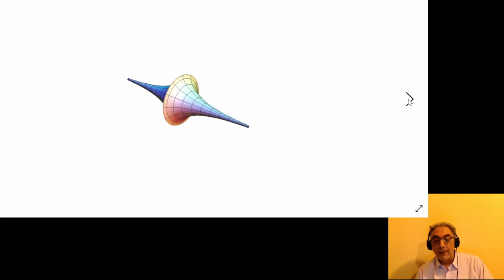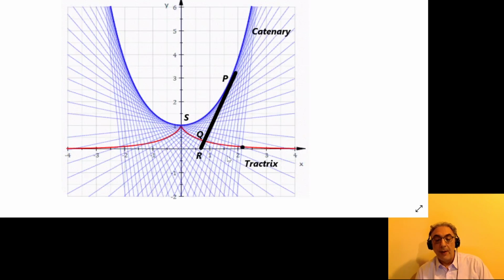But now it is clear from the picture that for every point, so for every variation of this point here on the tractrix, we have a relation between the length of QP and the length of QR.